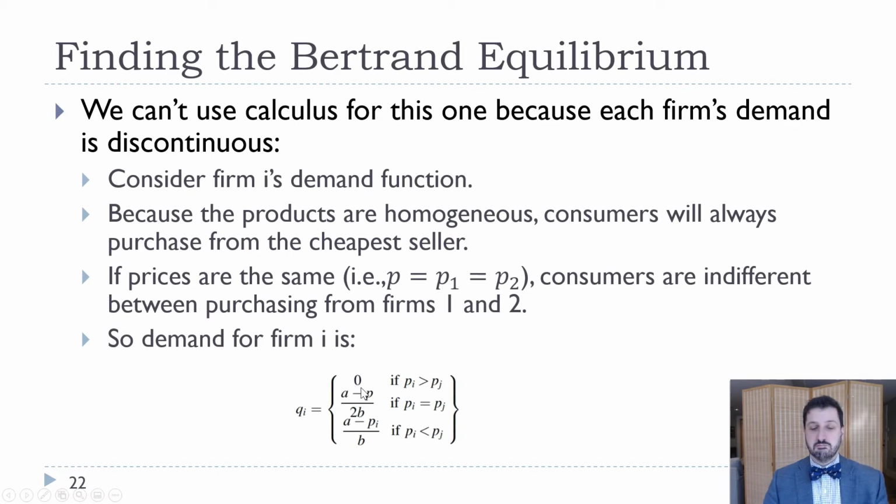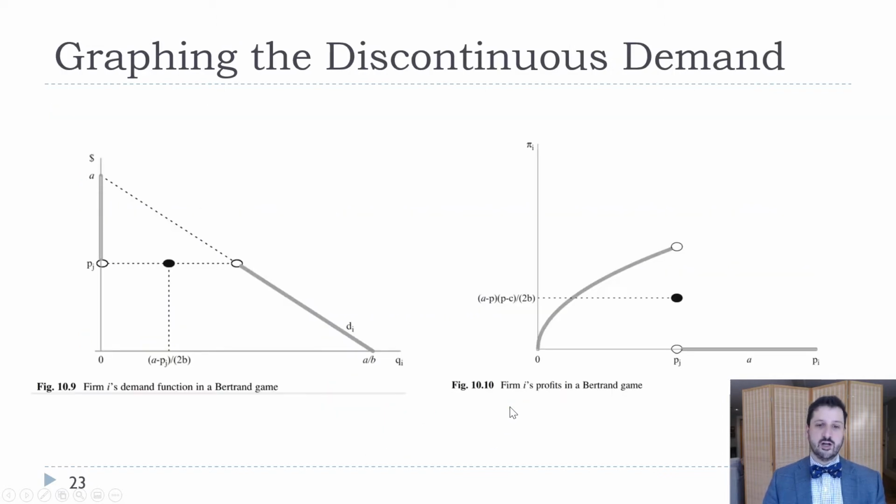It's zero if our price is too high. It is (A minus P) over 2B, which is just half of the demand if our prices are the same. And it's (A minus P) over B if my price is lower than your price. So we can graph that, right?